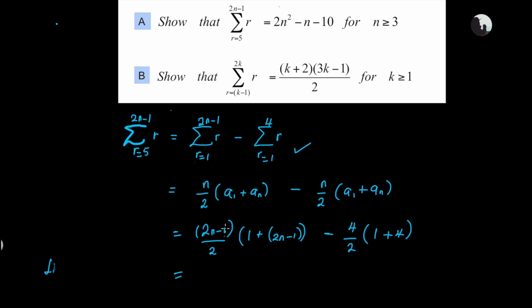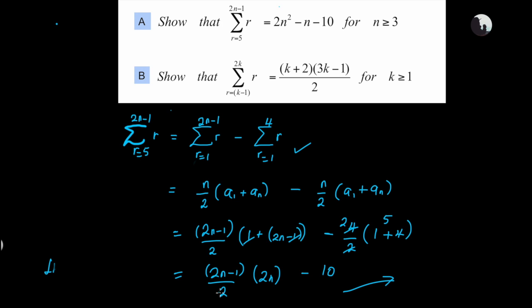Let's have a look. This term here, 2n minus 1 divided by 2, this one can cancel, because 1 minus 1, so you end up with 2n. This one here, if you cancel 4 divided by 2, you're going to get 2. So 2 times 5, you're going to get minus 10. I'll put this over here because I need to show you guys.